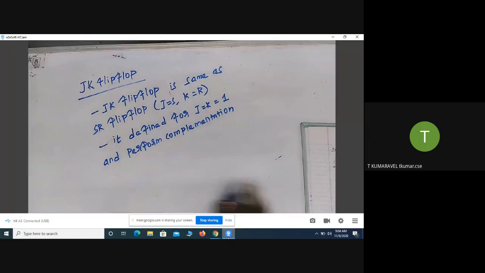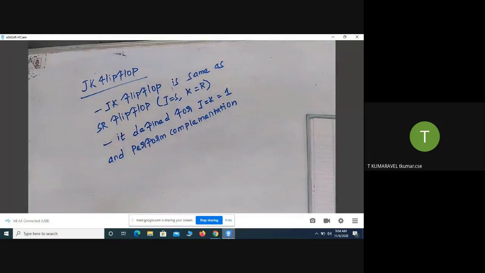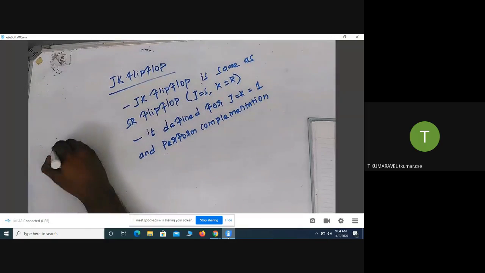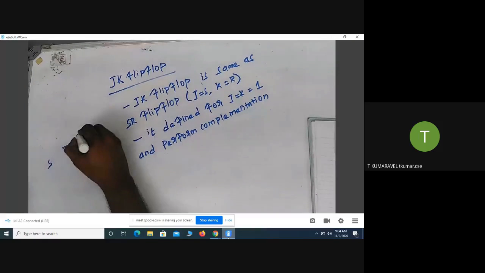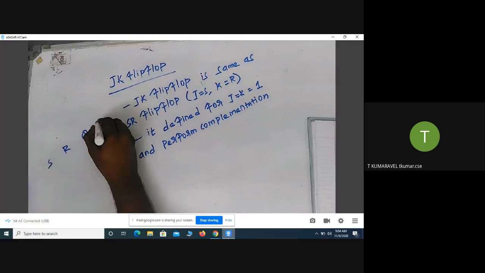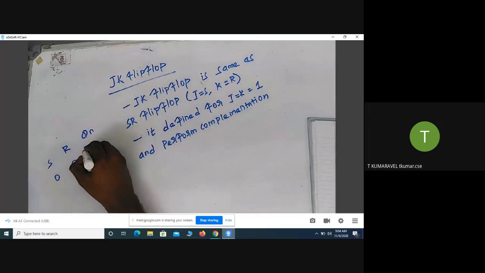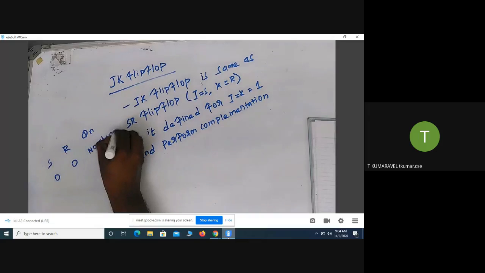So what is the truth table for the SR flip-flop? S and R, and what is Q? If both inputs are 0 0, it will retain the previous state, which can be represented as no change.